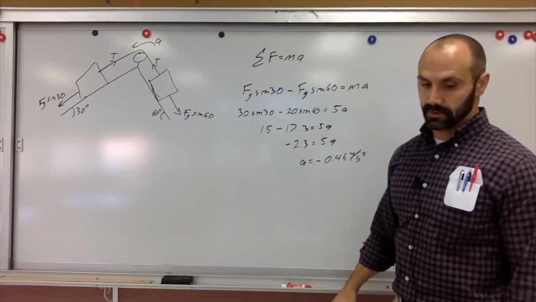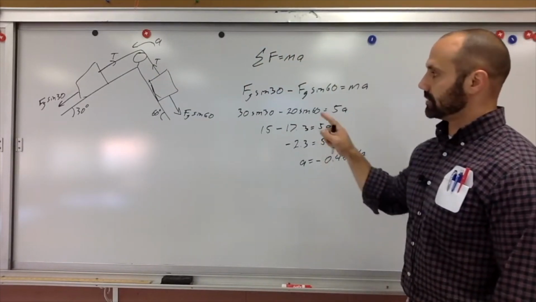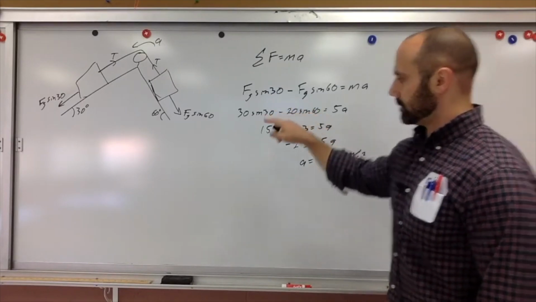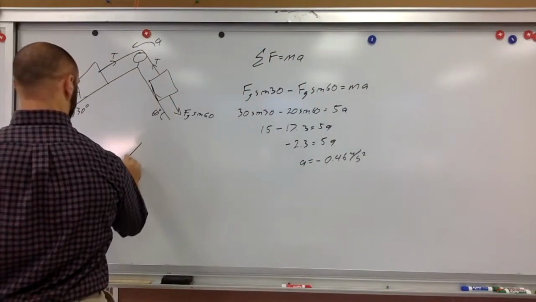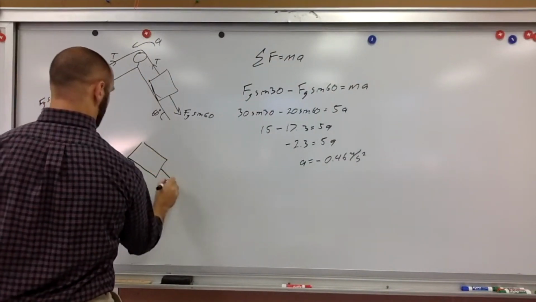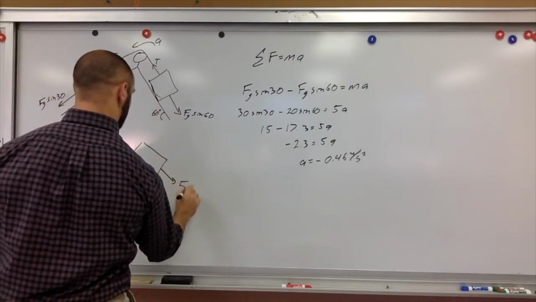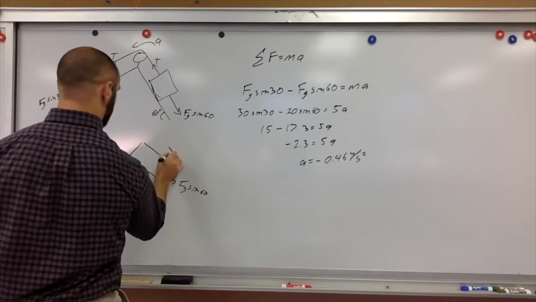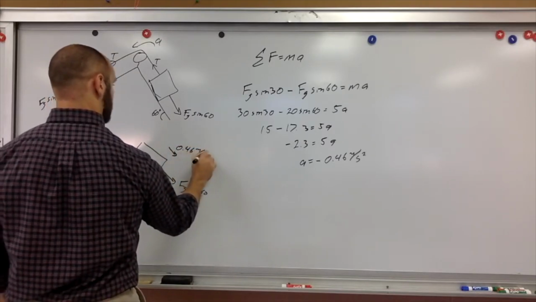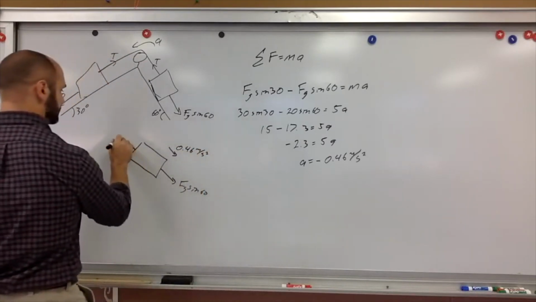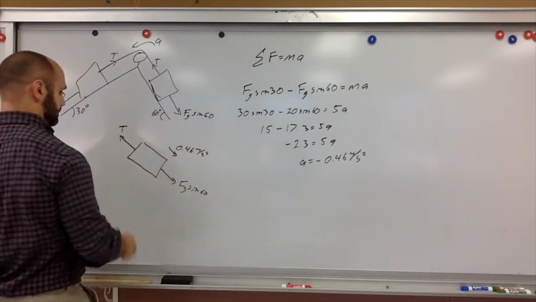And then to find the tension, what I can do is set up an equation for one of these guys. Let's say this one. And here is Fg sine 60. It's accelerating this way at 0.46 meters per second squared. And this is the tension.